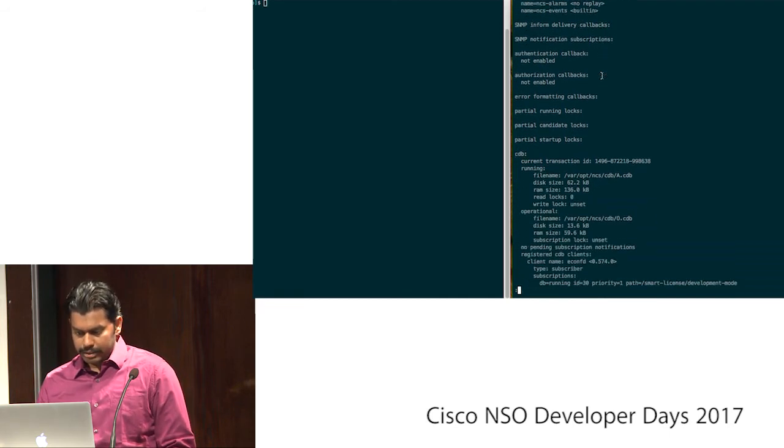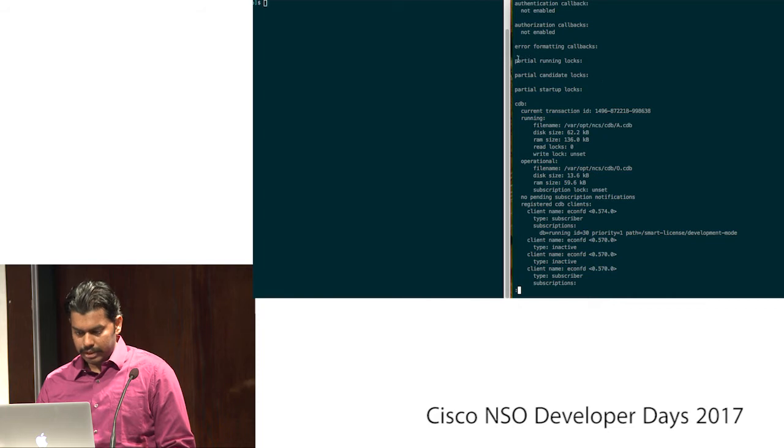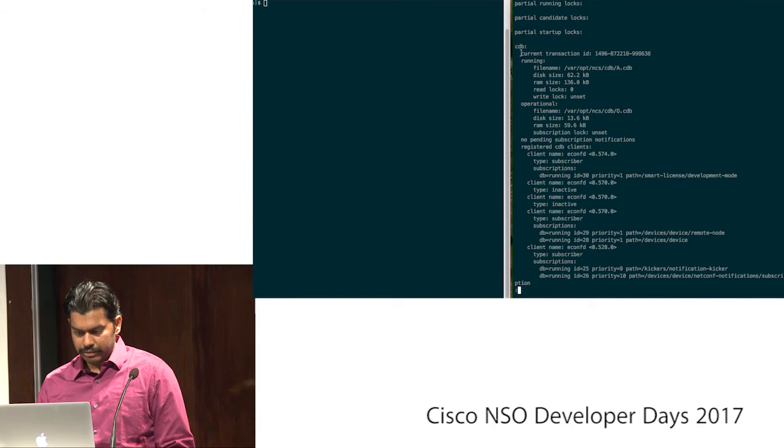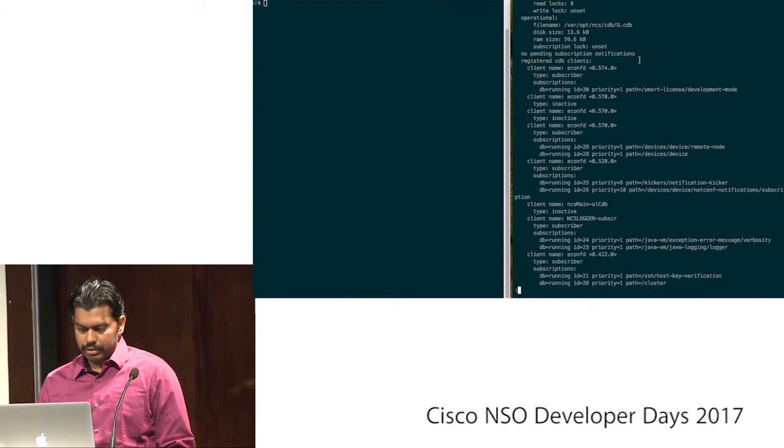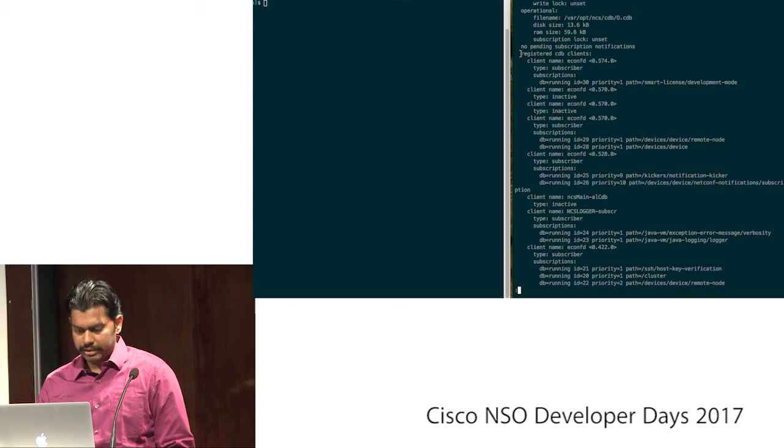And then what are the currently active partial locks and some information about the CDB files. This is the current transaction ID in CDB in NSO. And then you have all the registered CDB clients. These will mostly be subscribers.